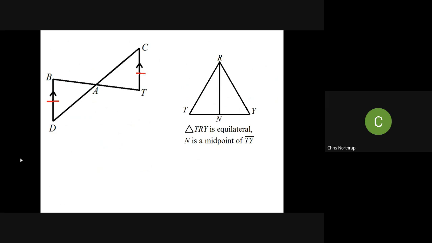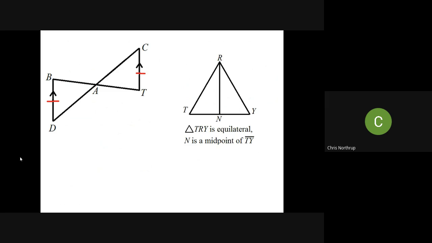But if we take a look at these pairs, triangle BAD and CAT on the left there, they have those congruent marks on BD and CT. And then you have some parallel arrows. So you could, using parallel lines and their angle relationships, conclude that angle D is congruent to angle C. You could also conclude that angle B is congruent to angle T. So this could be a case of angle, side, angle.